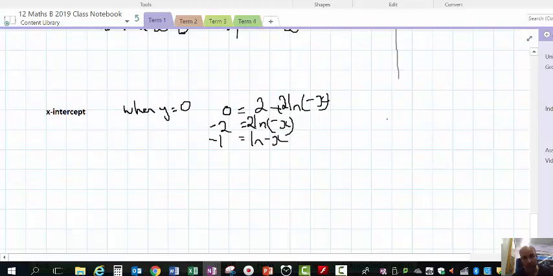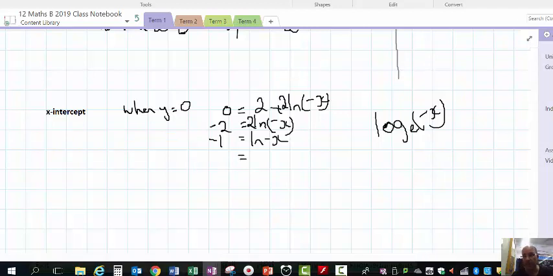Then we can rewrite it in exponential form. Just remember, that's log of base e of negative x. So we're saying we have a base of e, so we have e to the negative 1 equals negative x.